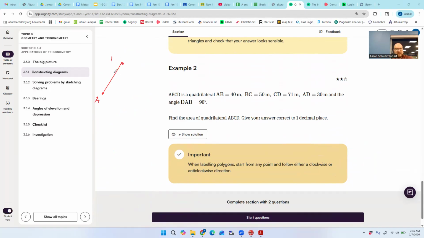Actually, there's a 90-degree angle at A. Let's make this vertical line. This is A, this is B. That's 40. AD is 30. That's 90. BC is 50 and CD is 71.